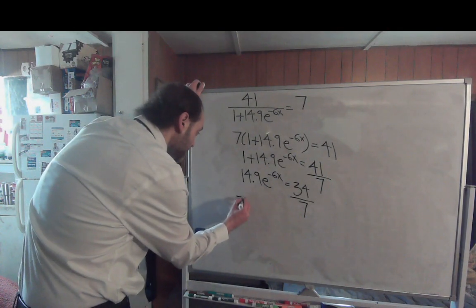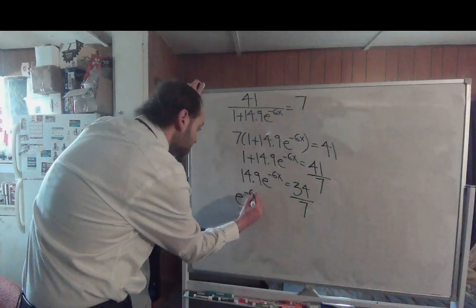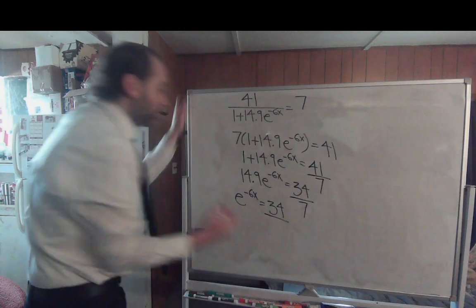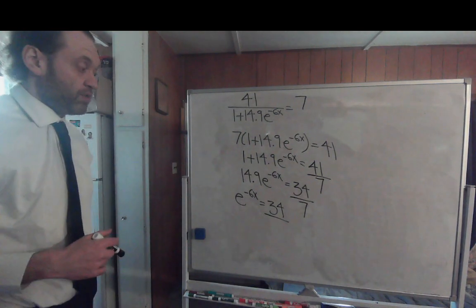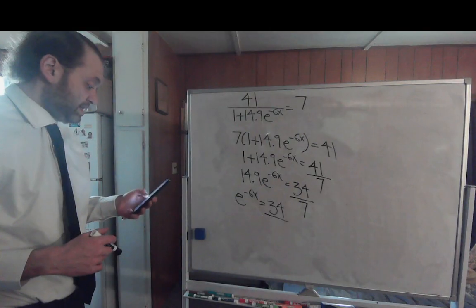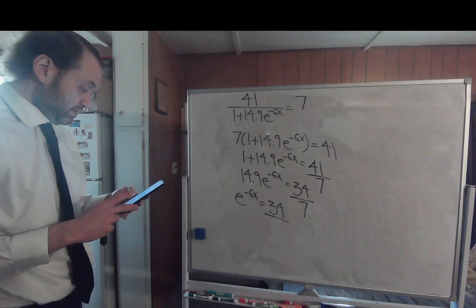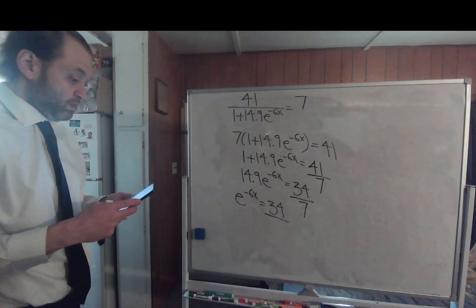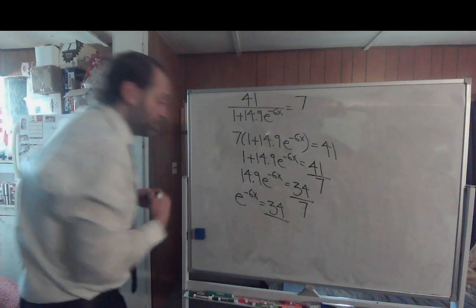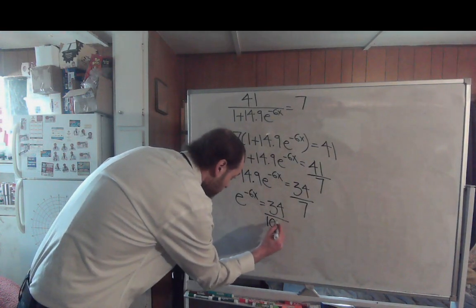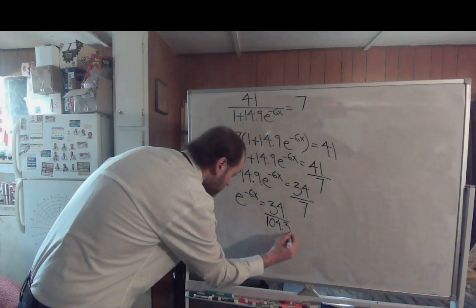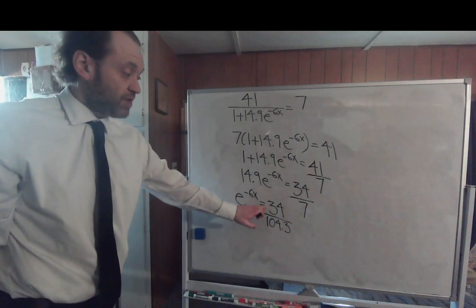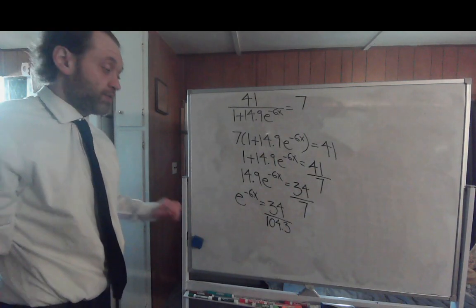So you'll get e to the negative 6x would equal 34 all over, what is 7 times 14.9? Not going to be a good number, I can tell you that. 104.3. So e to the negative 6x would equal 34 over 104.3.